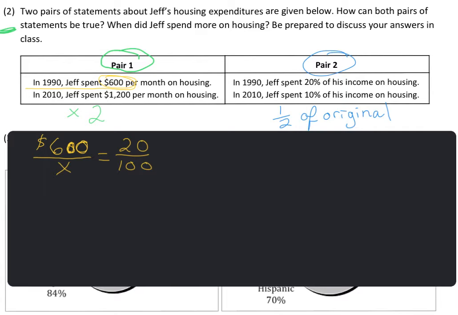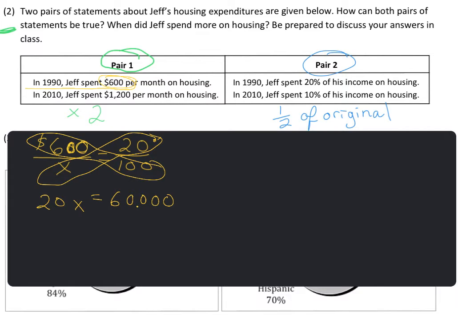Okay, if we now cross multiply, we'll get 20 times x, or 20x, equals 600 times 100, or 60,000, divided by 20.